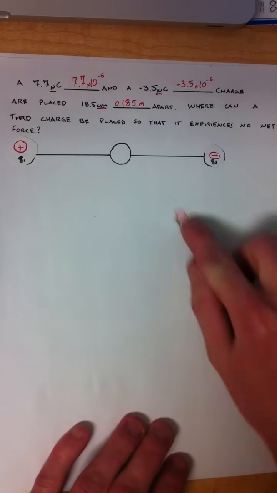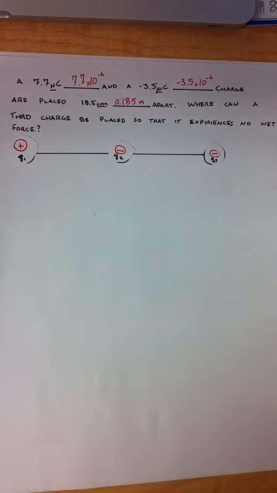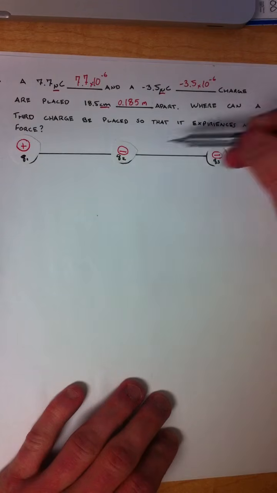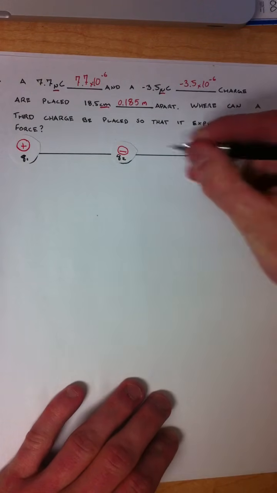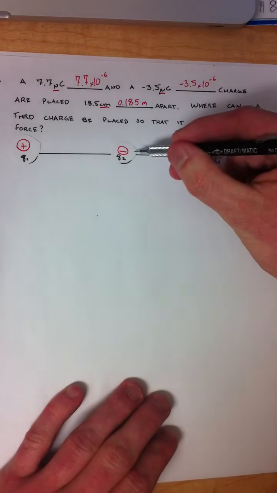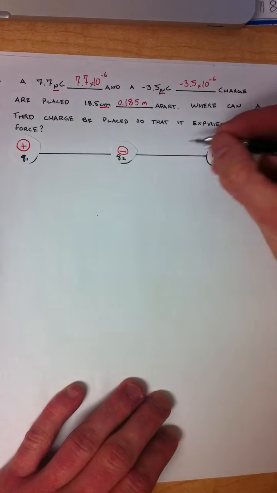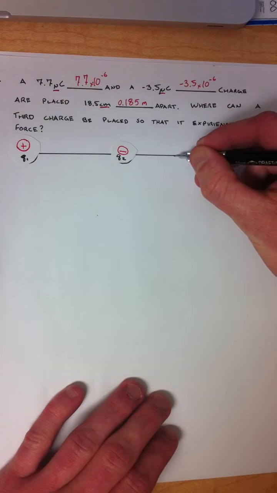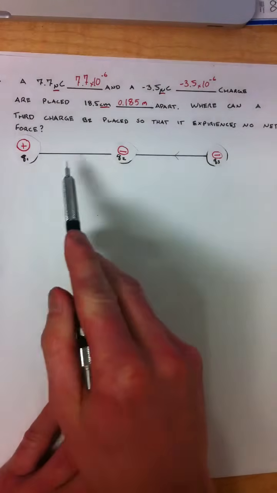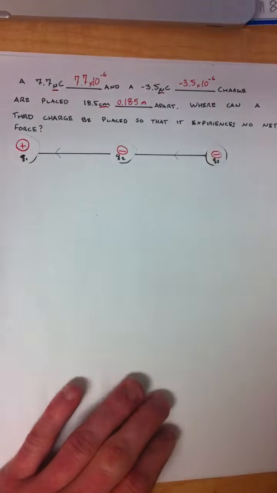So I tried to imagine this, and I threw another charge in here, say right there, and imagined what the forces would be doing around this charge. We know that this negative and negative will repel each other, so if this is fixed and this is fixed, then this charge will be experiencing a force to the left from this negative charge over here, and it will be experiencing a force of attraction, again to the left, by this positive charge.